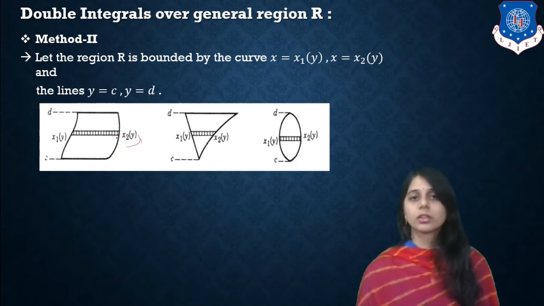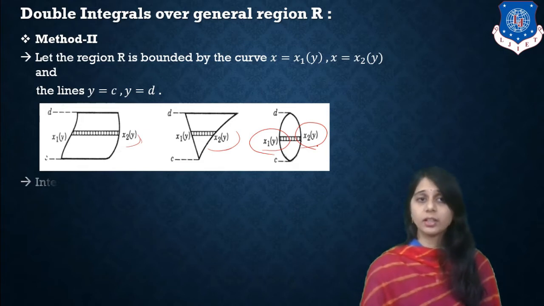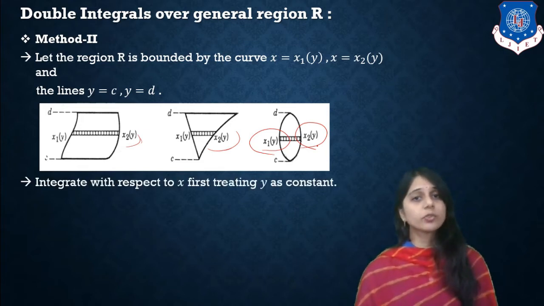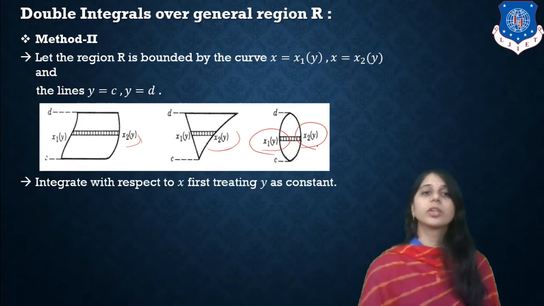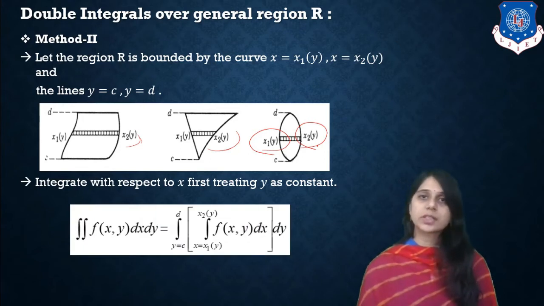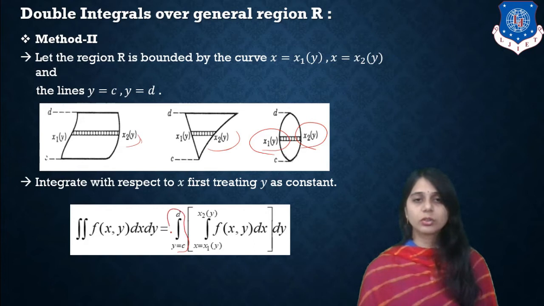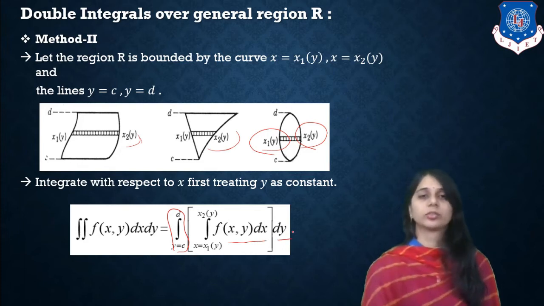So we integrate with respect to x first, treating y as a constant, and we get the integral of f(x,y) dx dy. We are taking the limits c and d here, and x equal to x1(y) to x2(y), f(x,y), dx and dy.